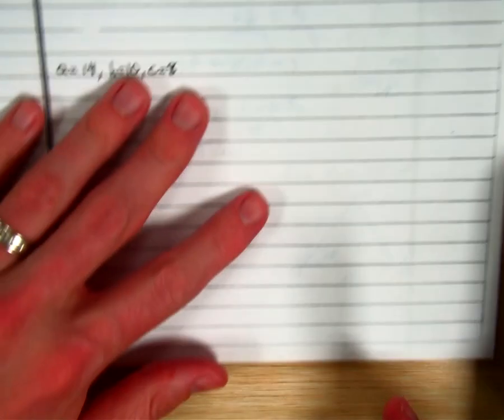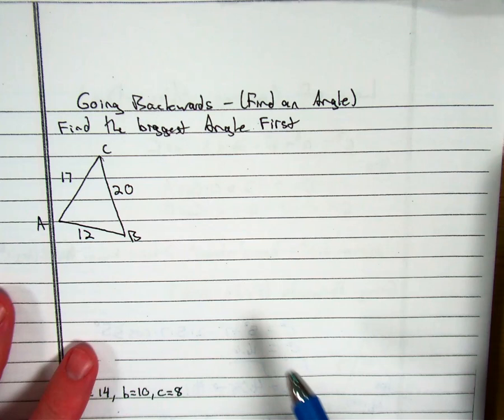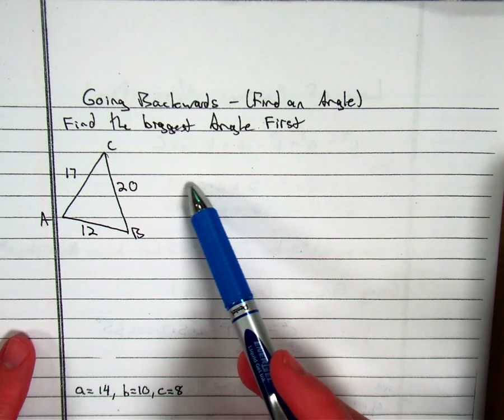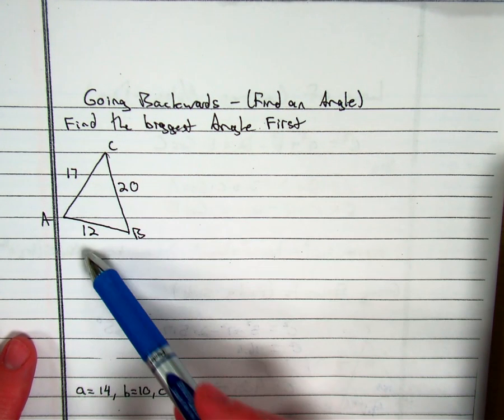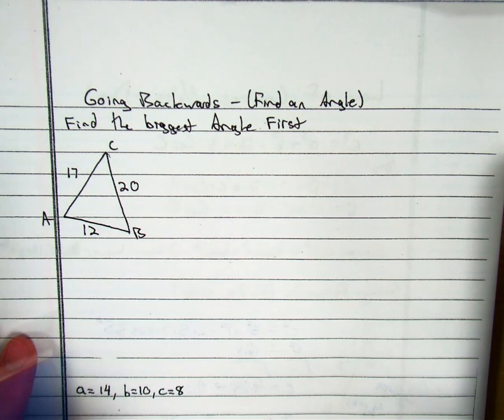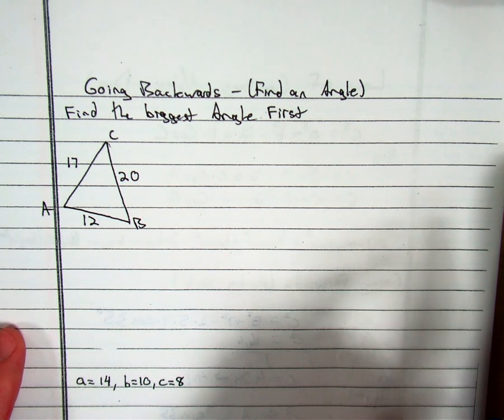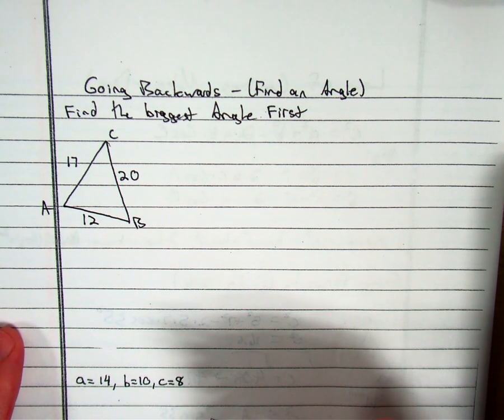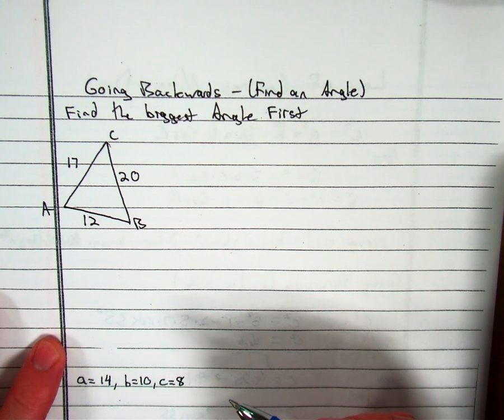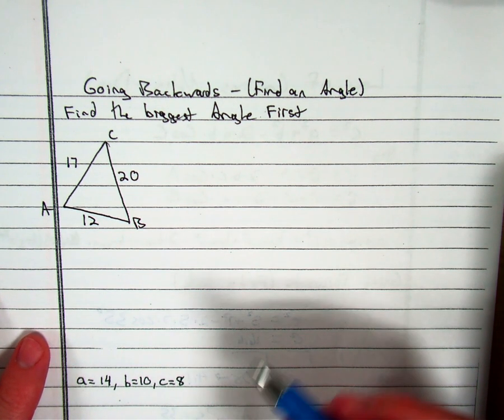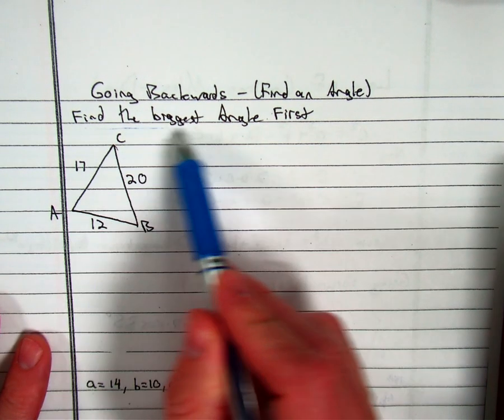All right, reverse. Going backwards. Finding an angle. Again, we find ourselves in a situation where I could not set up the law of sines if I wanted to, because we don't have any matching pairs. So we have to use the law of cosines, and we're going in reverse. And the key here is to use the biggest angle first.